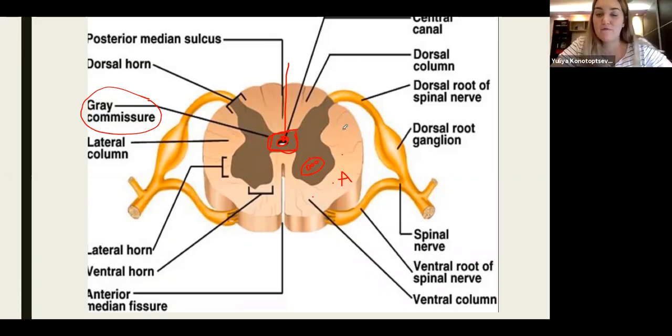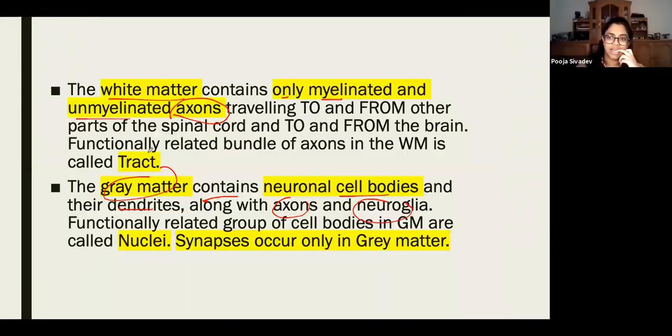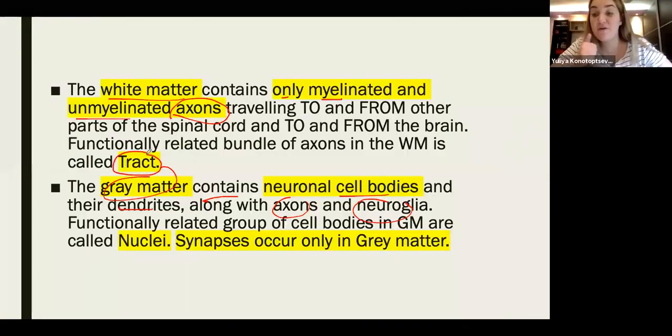How do we call functionally related axons? Nerve? Tract. In the peripheral nervous system, you will call it a nerve, for sure. In the central nervous system, you could call it so many things, but the one that we call in the spinal cord is actually a tract.